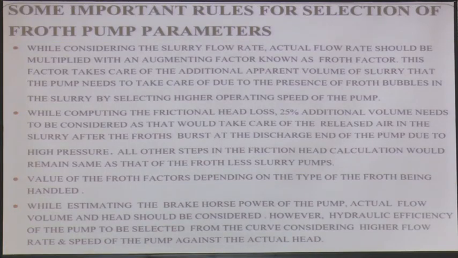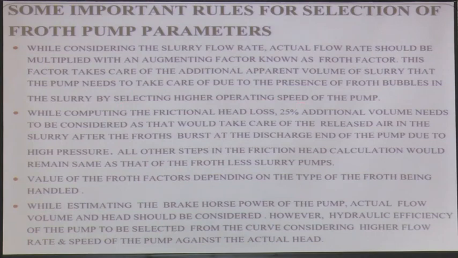Some important rules for selection of the froth pumps. While considering the slurry flow rate, actual flow rate should be multiplied with an augmenting factor known as the froth factor. This factor takes care of the additional apparent volume of the slurry that the pump needs to take care of due to the presence of the froth bubbles in the slurry by selecting higher operating speed of the pump.